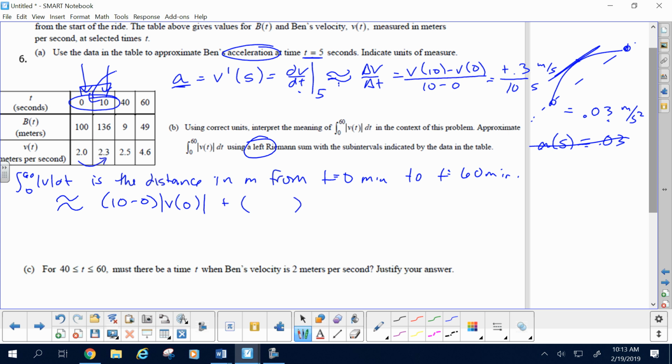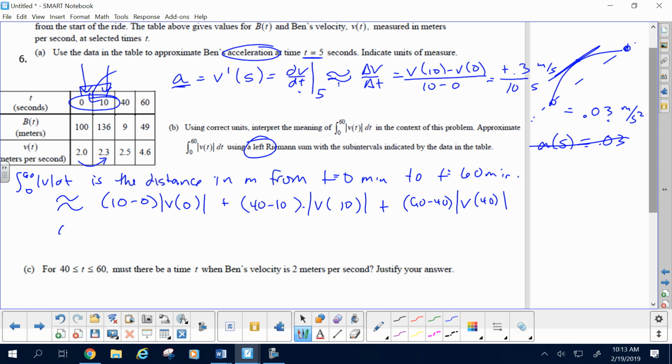Plus, the next interval is from 10 to 40. So a 30-second interval times absolute value of V at 10, the left edge, plus the last time interval is from 40 to 60, times the height, which is absolute value of V at 40.